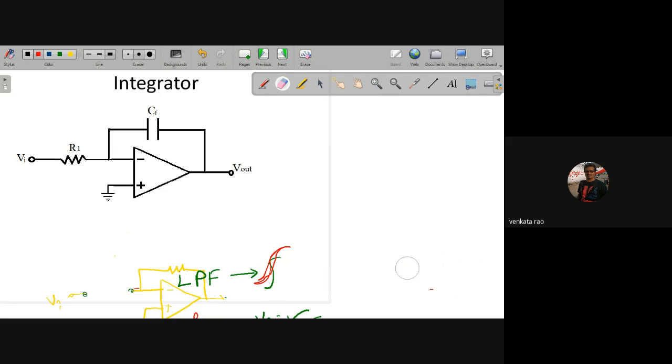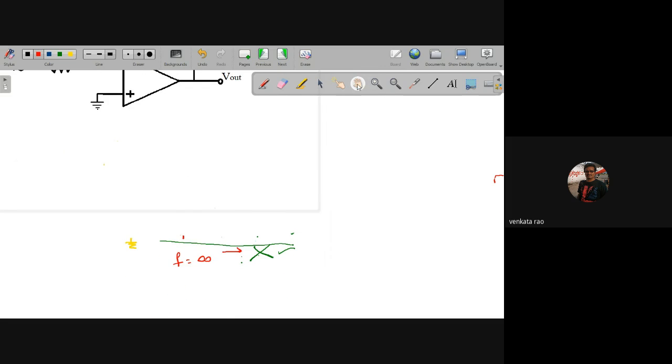So first you should be thorough with all those things. After that, we have the order of the filter: first order filter, second order filter. Already you know first order and second order differential equations. You are aware of those orders.